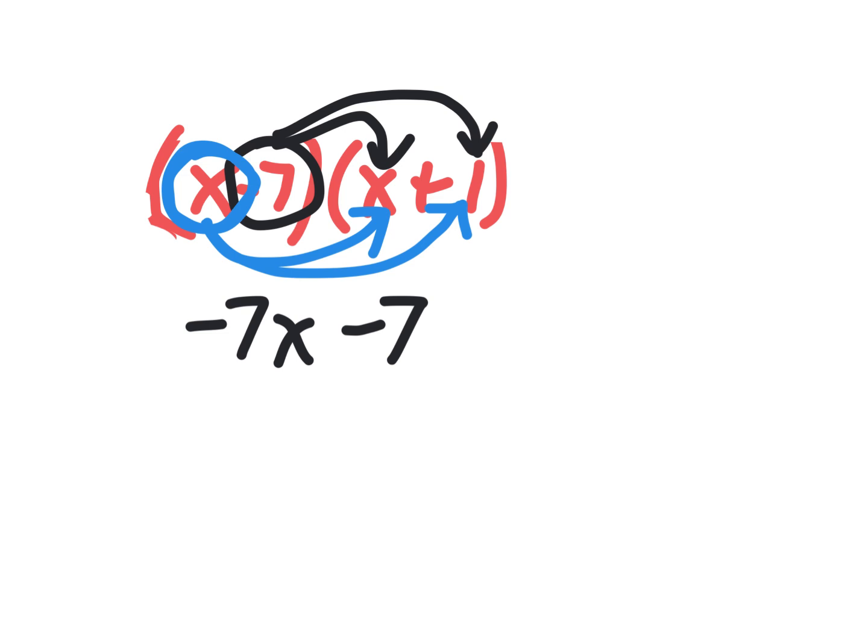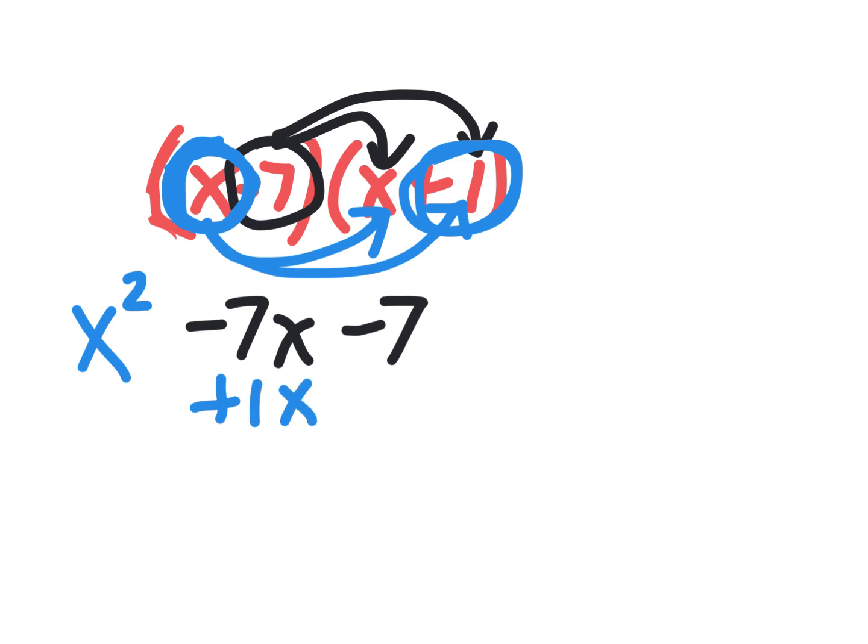And now be strategic about where you put it. X times x is x squared. It's not 2x, it's x squared. Put it in the front because the x squareds are always in the front. And the last one is this x times this 1, which is 1x. Now, I personally think it's smart to put plus 1x right here.